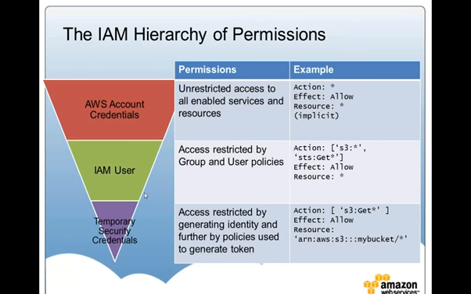Now, what's interesting to realize is that these temporary security credentials you're generating, if you're using this IAM user, are restricted immediately by the capabilities of the IAM user that is generating those credentials. In this example, if I wanted to create temporary security credentials here at the bottom, I couldn't allow access to EC2 in this temporary credential set, because the IAM user I'm using above only has access to S3 and the ability to generate tokens.